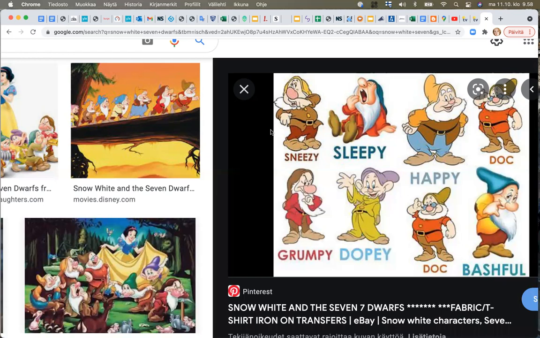Also Sleepy or Bashful or Happy. So all of these could go deeper, but they don't, and it wasn't the idea here. So maybe Grumpy and Doc, and maybe Dopey, these three characters were a little bit deeper than the others.